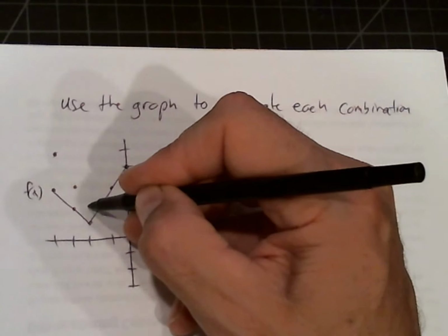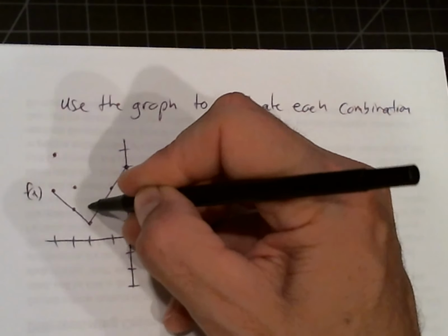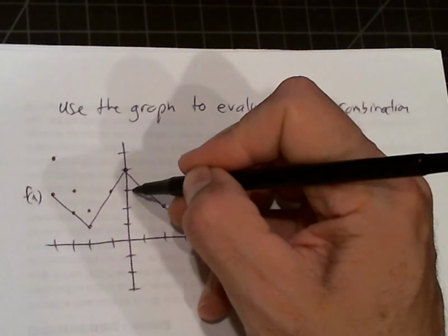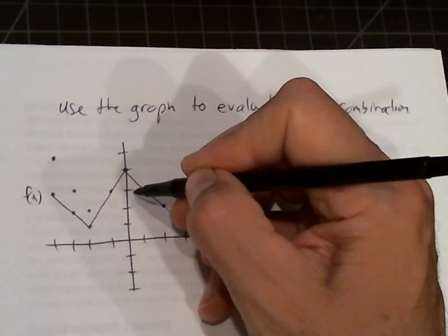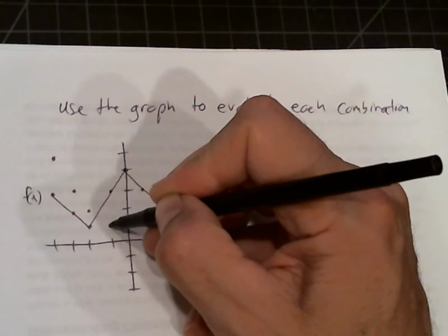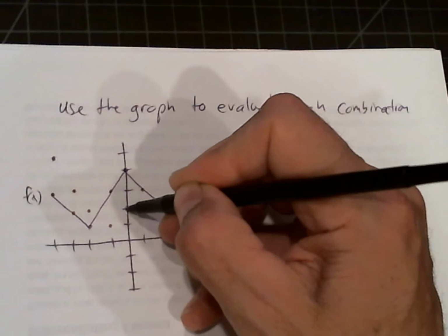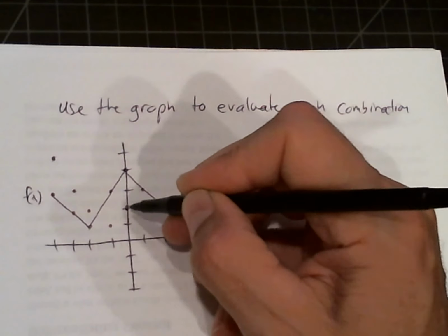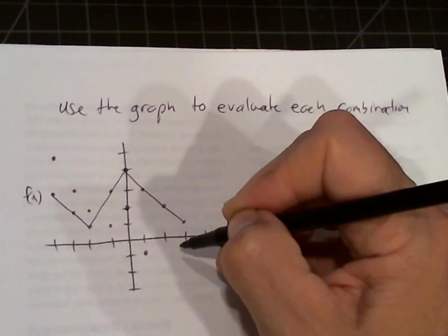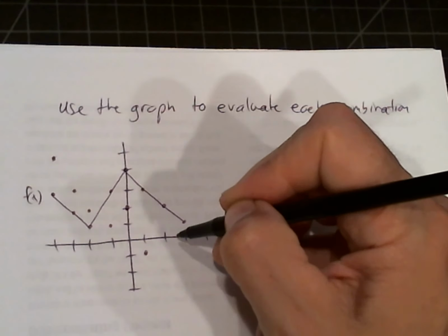Negative 2, 2. Negative 1, 3. No. Negative 1, 1. 0, 2. 2, 4.